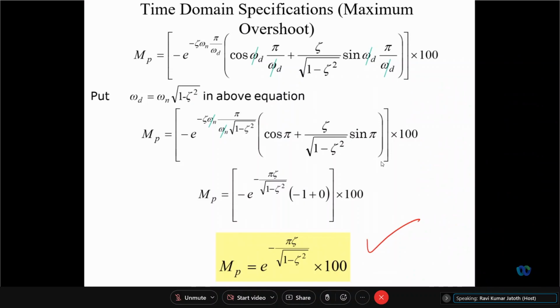So this overshoot is expressed in terms of percentage, for a given system, whether it is 10% or 20% or 25% or 60% and so on. This is a simple expression.